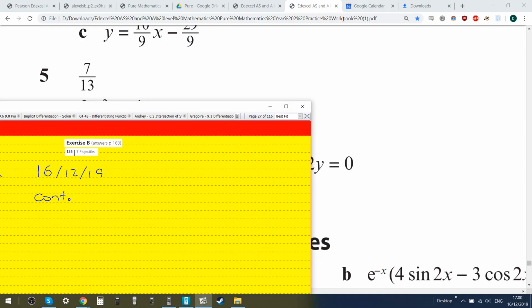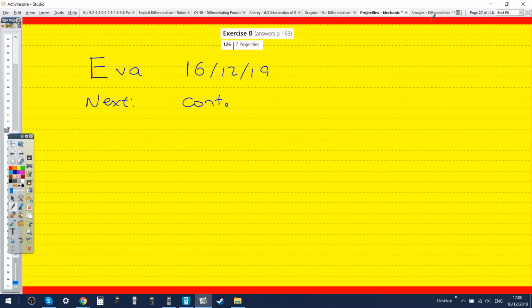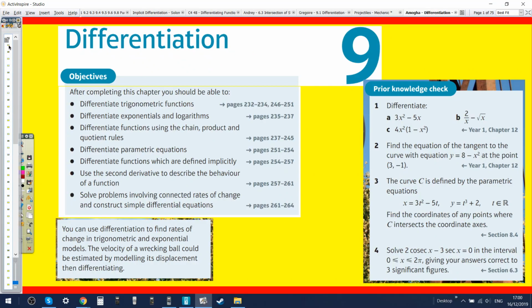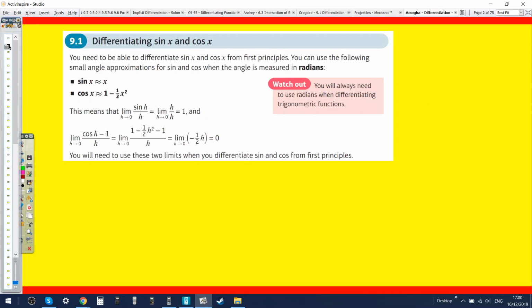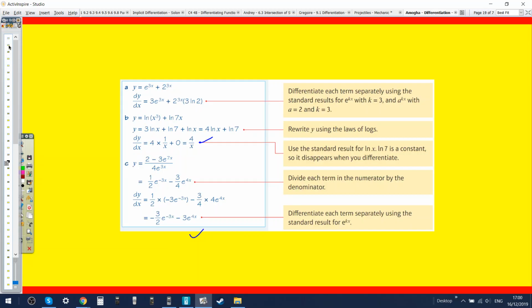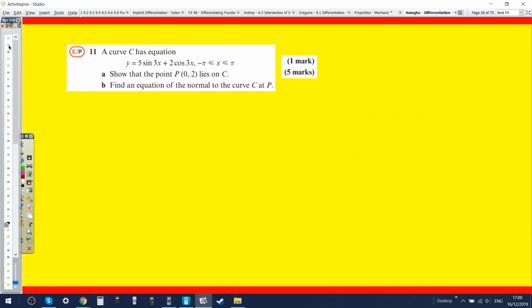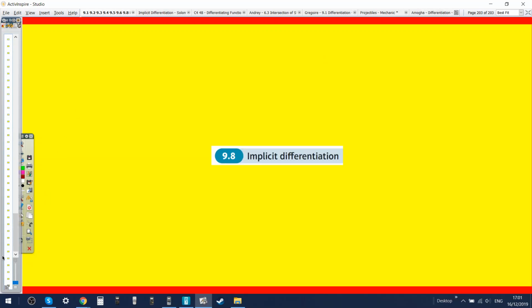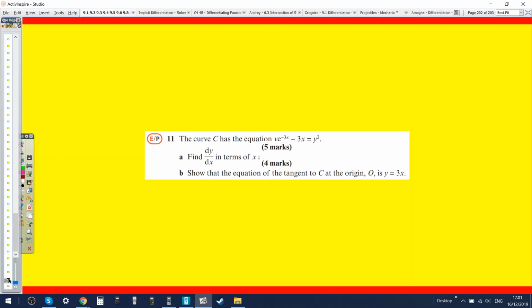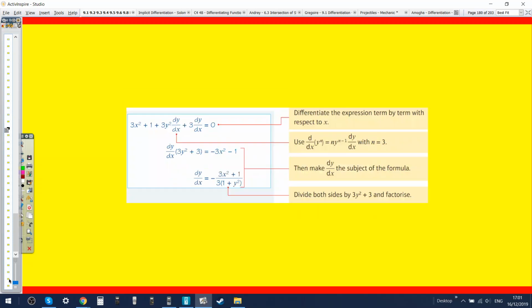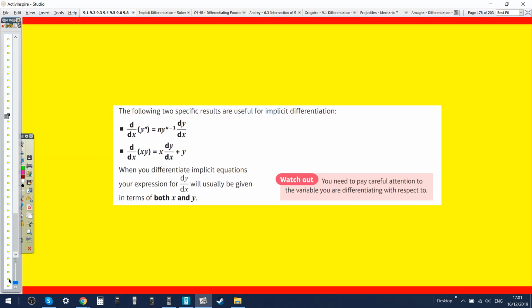I'll sort of that. Okay. And did you want to start with implicit, or you wanted to? Yeah, can we do implicit differentiation? Okay. Let's see. Implicit. I'm gonna do this one. I have a different one.